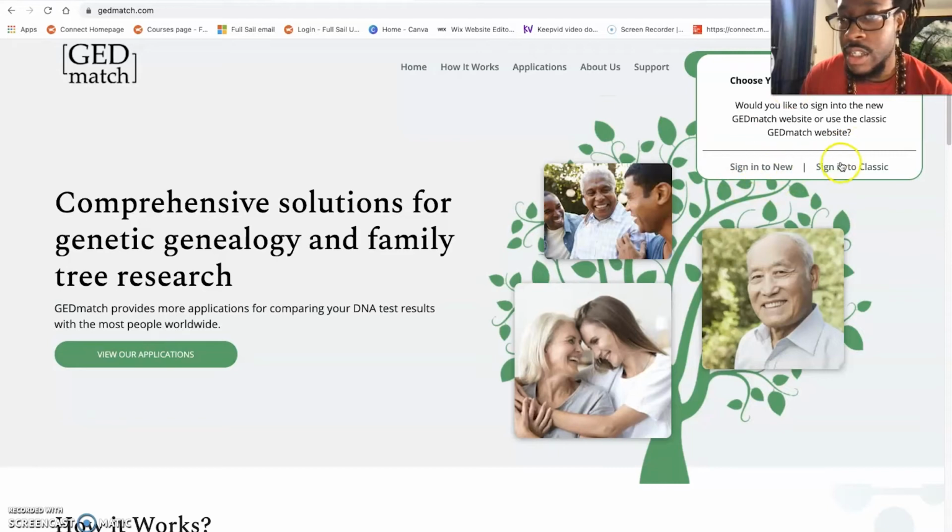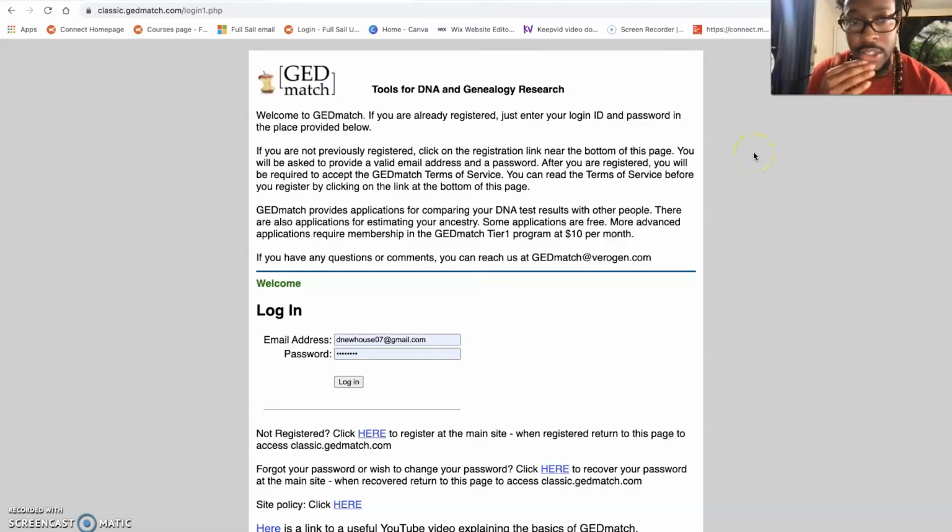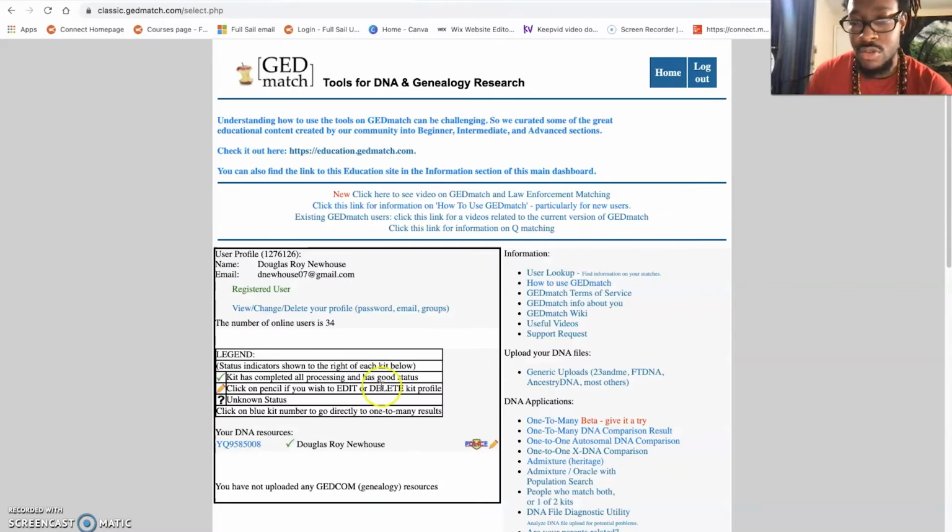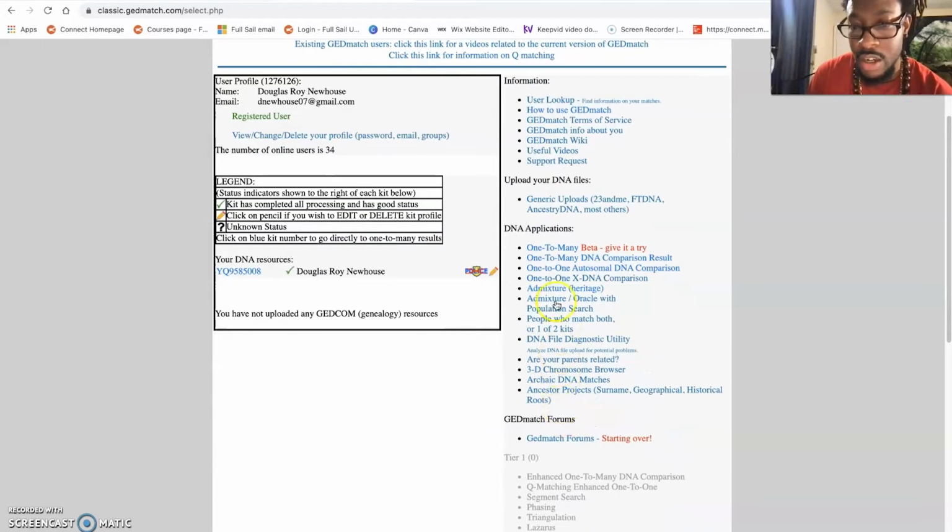So you'll sign in, you'll fill out the application, everything, you upload your kit, and it takes about, I say, 2 days for you to use all of the applications.